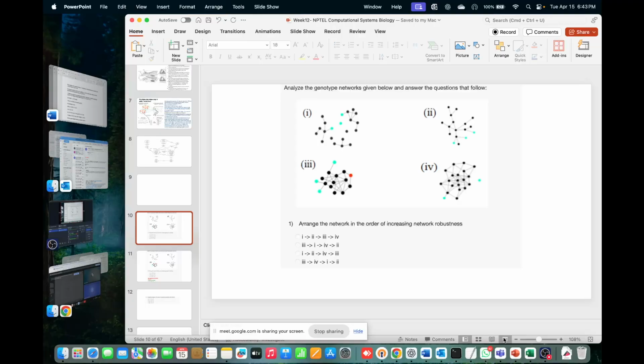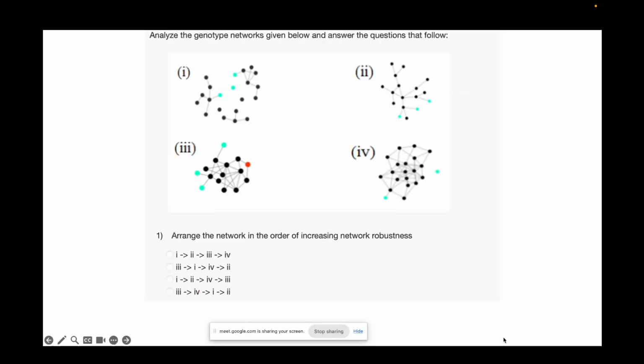Okay, let's discuss. So you have these four networks. The question is, you have to arrange them in terms of increasing network robustness. Network robustness is basically the network's ability to maintain its overall structure and function despite perturbations.